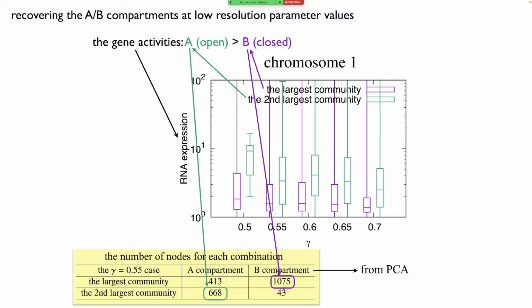So here's the evidence of the recovery of the A-B compartment from our method. It's not just an in-principle possibility; in practice it actually works. If we tune the parameter range low enough, then we obtain two communities. As you can see from this overlap table here, the largest community from our method roughly corresponds to the B compartment, and the second largest community roughly corresponds to the A compartment.